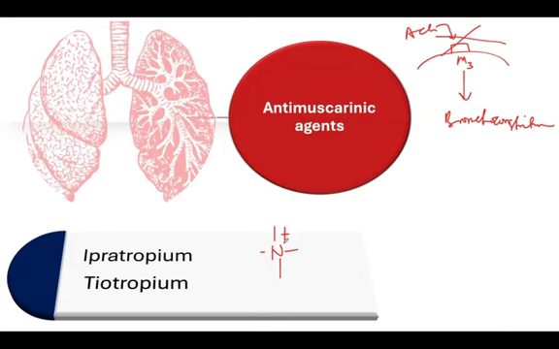Now, because of the fact that stimulating M3 receptors in the airways could cause release of mucus secretions, which will worsen the asthmatic situation, giving these drugs would reduce the mucus secretion, and that is very useful, especially when you have patients that have asthma and are also coughing. These anti-muscarinic agents are very, very useful. They are also well tolerated.